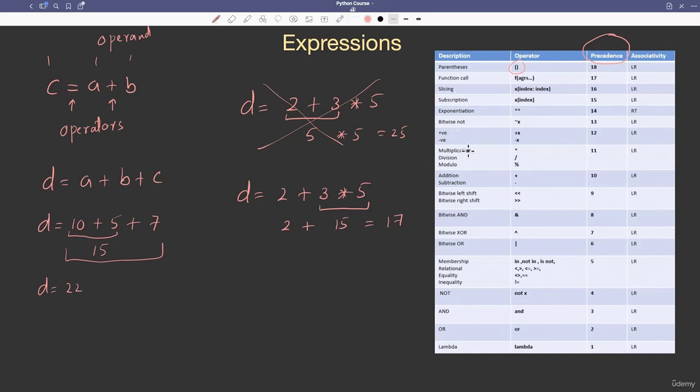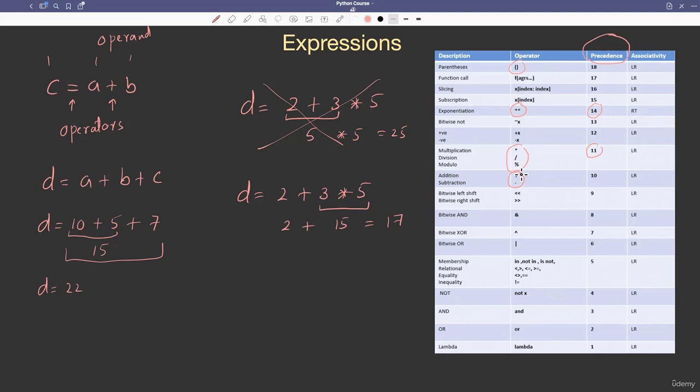Let us look at the arithmetic operators that we are learning. Multiplication, division and modulus, these three have precedence 11. And there is one more, exponent, the power operator, which has precedence 14. So it has higher precedence than multiplication, division and modulus. The next comes addition, subtraction.